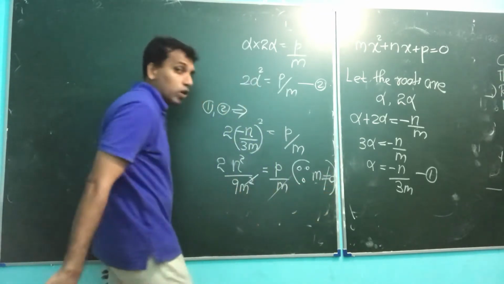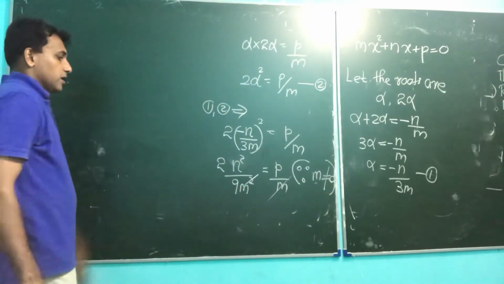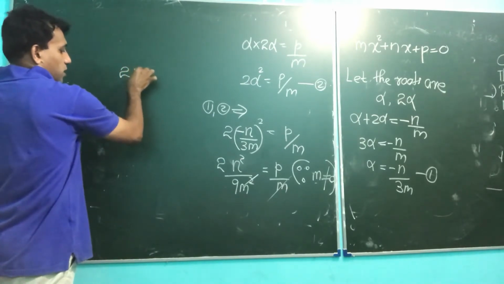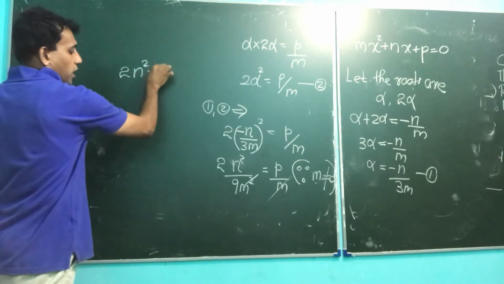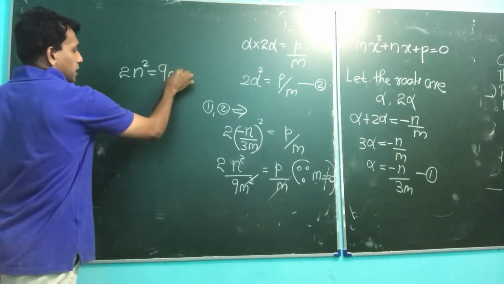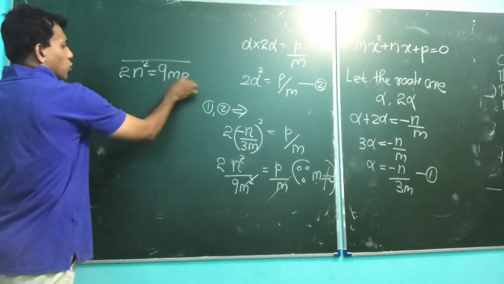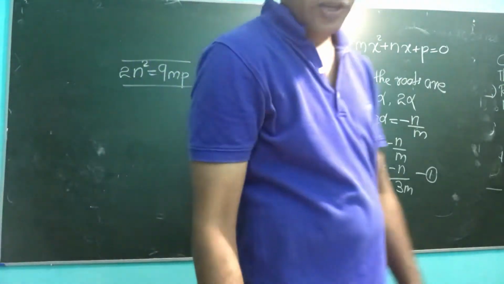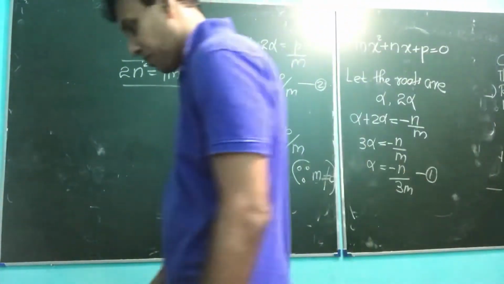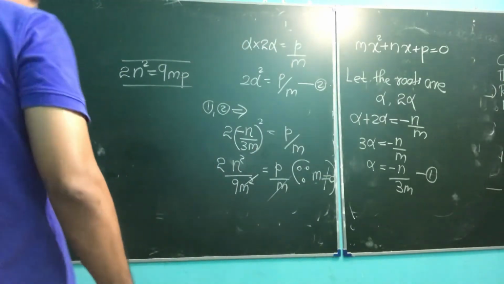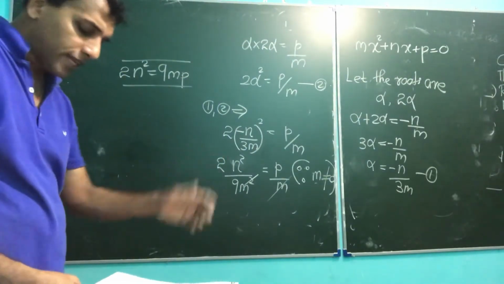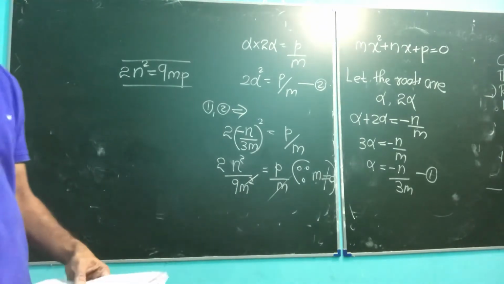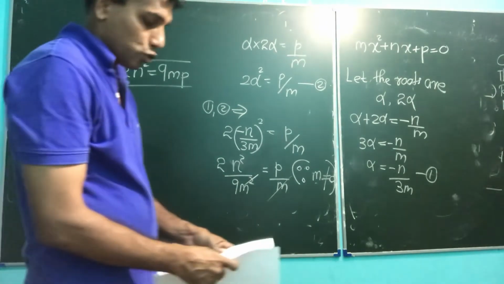Therefore, what is the answer? 2n square equals 9mp. That is the relation between m and p if one root is double the other, twice the other.